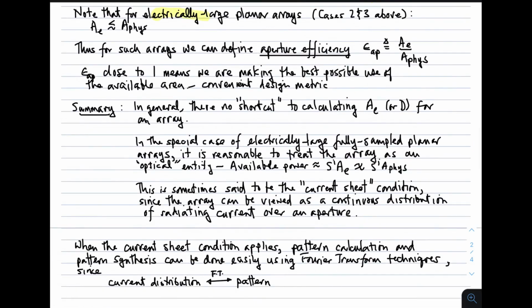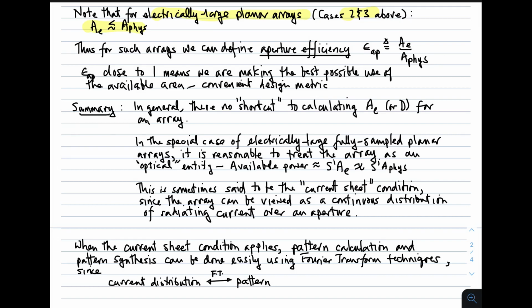Note that for electrically large planar arrays, and that includes cases 2 and 3 above, we have found that the effective aperture is at best comparable to the physical aperture, to the extent that a physical aperture can be defined, and maybe even likely to be less, maybe much less.